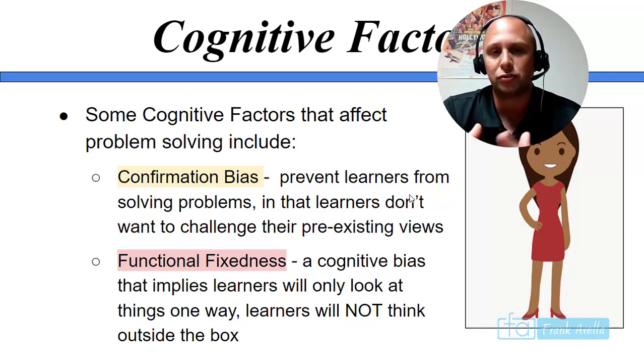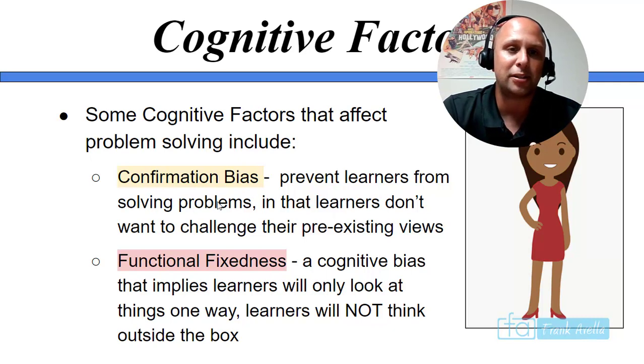A lot of coaches go through this. They don't want to update with the changes of the game. Teachers specifically don't want to learn technology because it can go against their pre-existing views. So this confirmation bias prevents learners from solving problems.